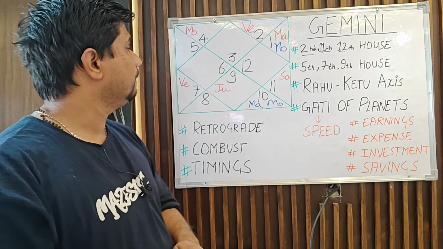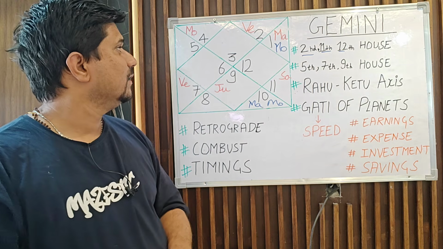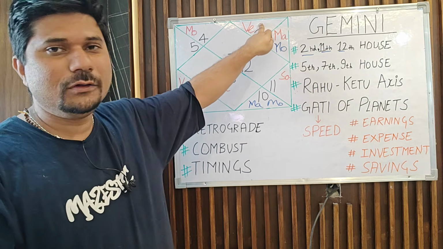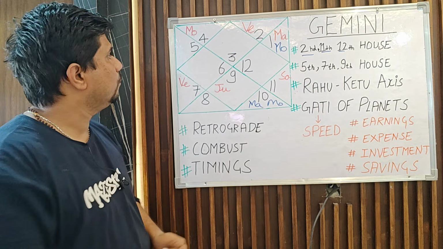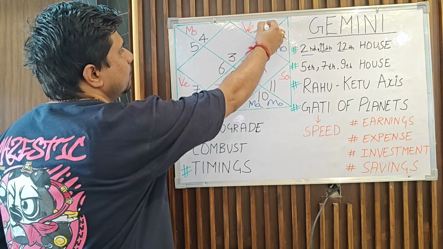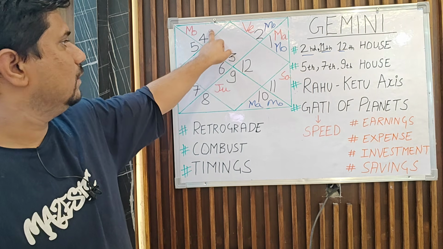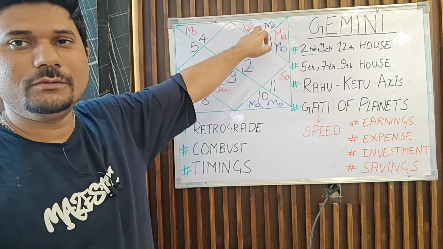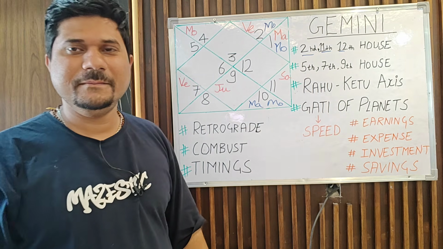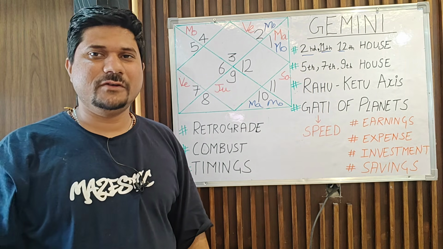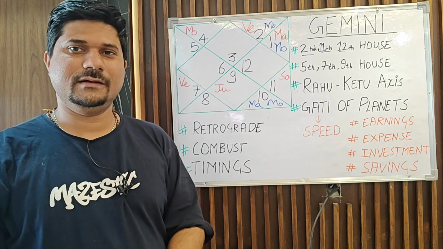Second important point. Now this is the house of your expenditure and investment. Now suppose the expense lord and savings lord are forming certain yogas in this chart. Suppose Moon is posited up there. It means your savings lord is exalted. It's going into the 12th house with the expense lord. Now if the savings lord is going into the expense house, what is happening? It means your chart is not permitting you to save a huge amount of money, or it's not a savings oriented chart.